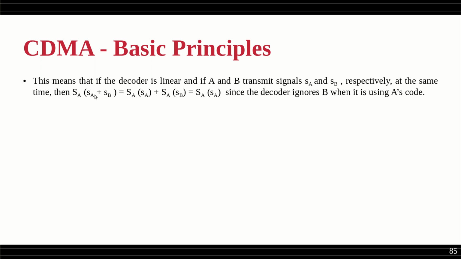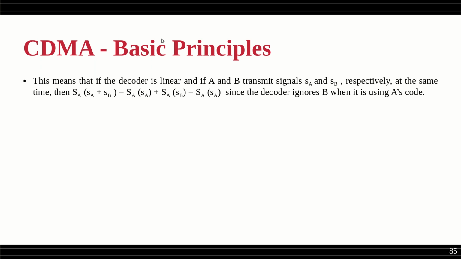As the function is linear, you can expand it like this, SA of SA plus SA of SB, and now this will be SA of SA, because this part is simply 0, like what we saw in the previous slide. When the receiver decodes the information received from B using A's chipping code, the output is 0. Then there is no confusion at all. You can simply ignore this term and it will interpret only A's information.